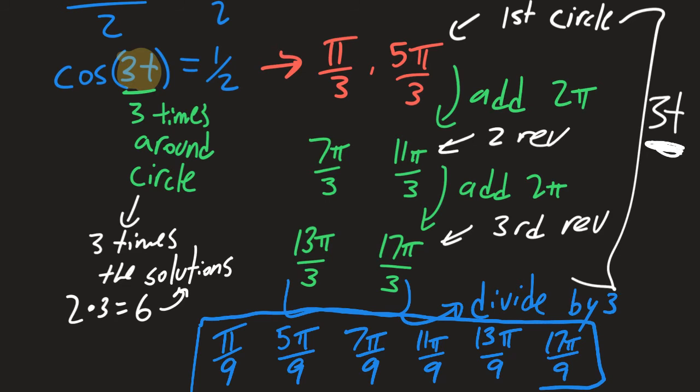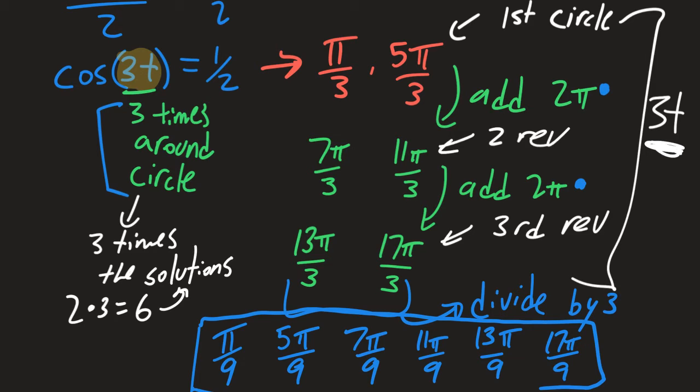Okay? So once again, we're saying, hey, for this 3t, I'm going 3 times around the circle, which is going to give me 6 solutions. For each revolution, I'm going to go ahead and add 2 pi. So I have my first 2 solutions that I got from the unit circle in red, and then I add 2 pi to them twice to find 2 new sets of solutions, giving me a total of 6 solutions.